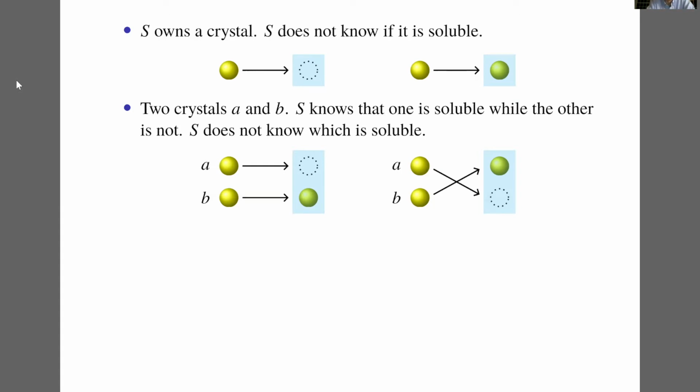I mean, if you put the crystals in the bowl, A will disappear, B will stay. So this would mean that the cognizer would know that A is soluble and B is not. So to represent the epistemic situation, it is essential to have this rather than that, or else we will be representing something entirely different.